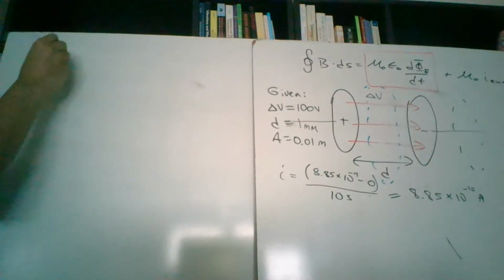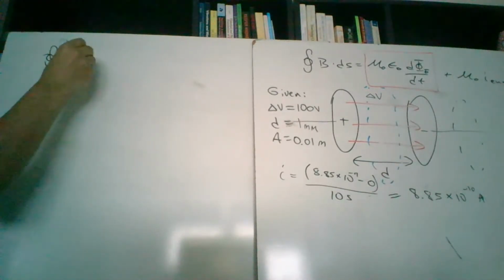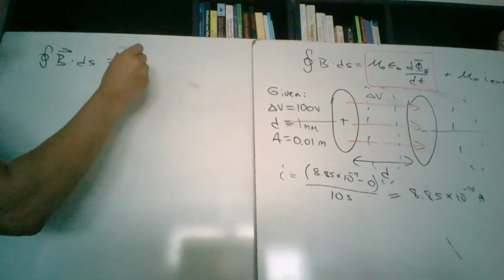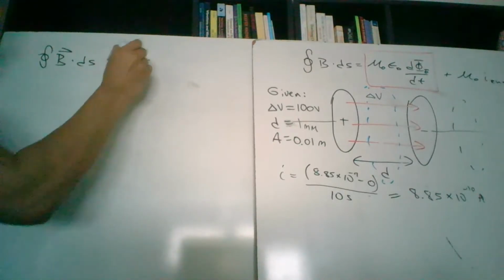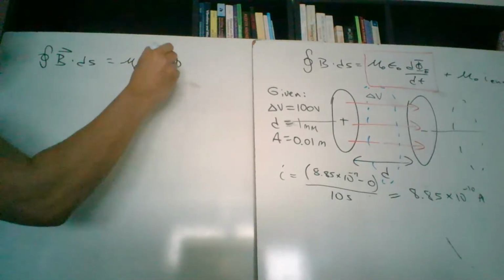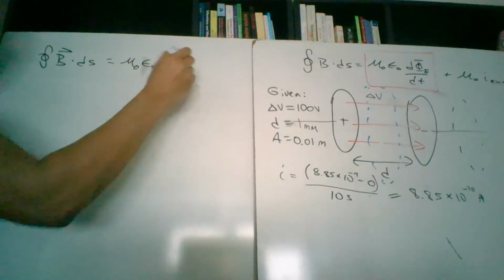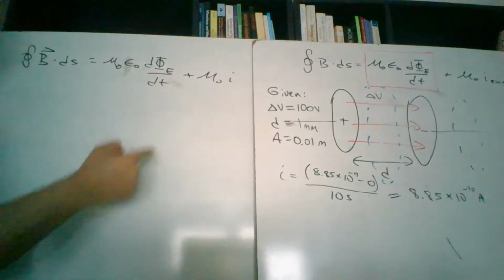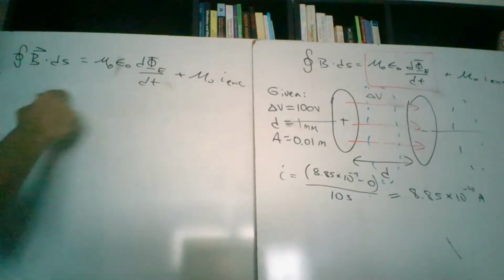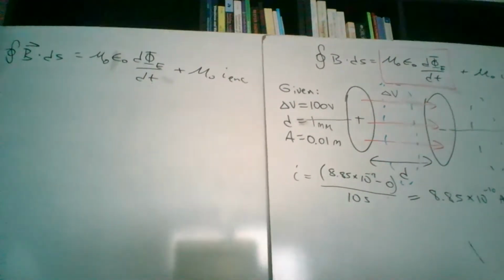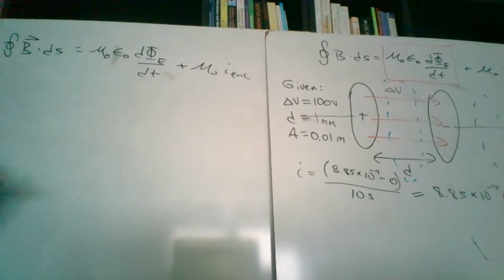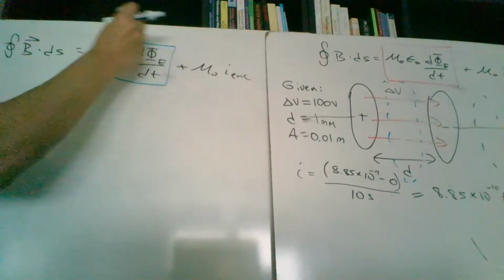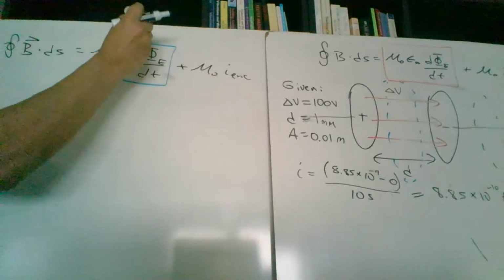The integral of B dot ds is equal to mu naught epsilon naught, the change in the electric flux dt, plus mu naught I enclosed. So that's Ampere's Law the way Gauss's law writes it. But we just established this. All of this is I displacement.